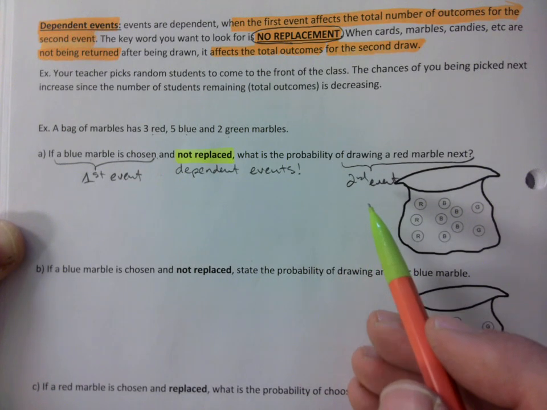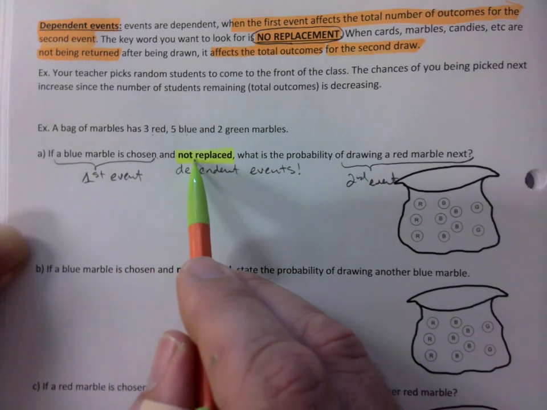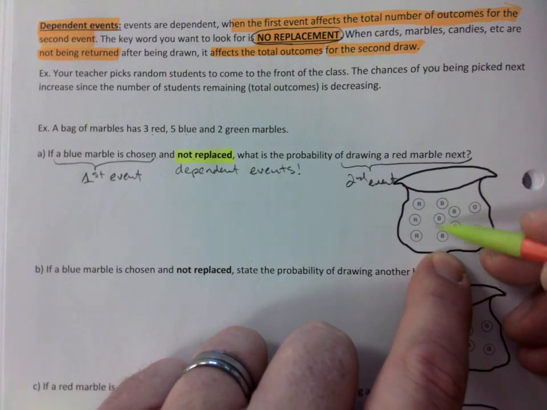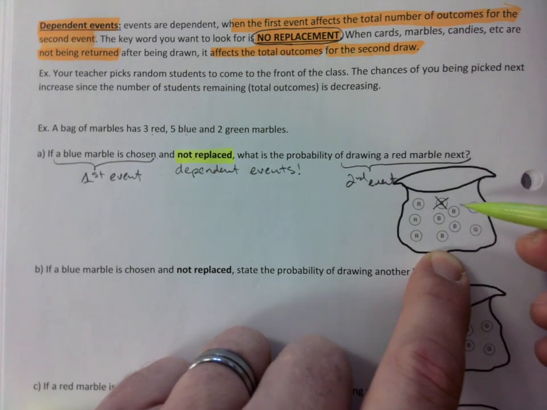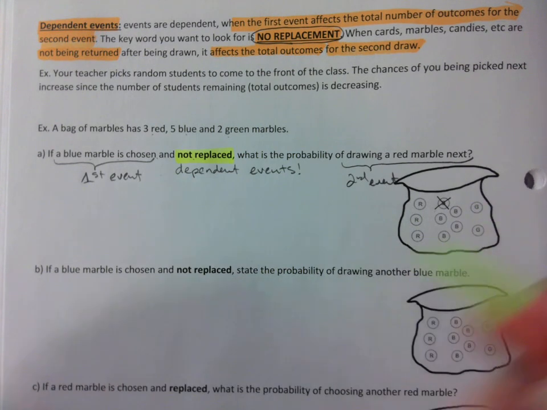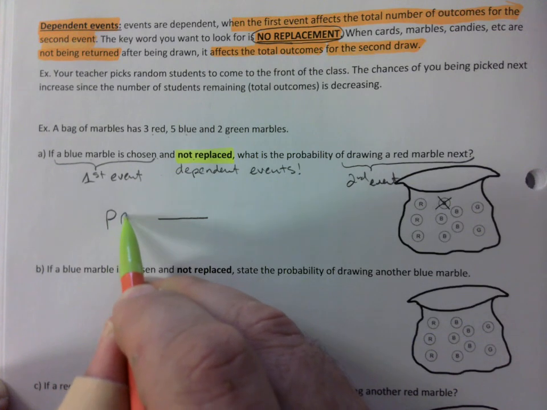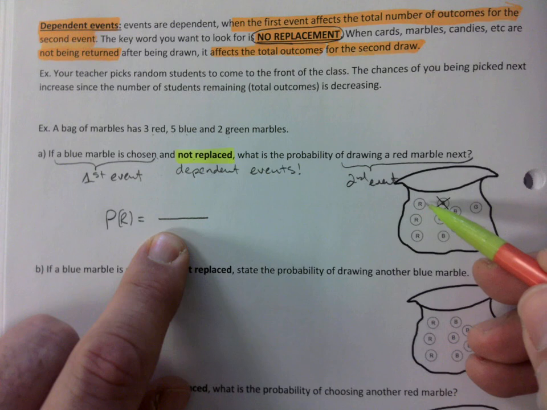Okay? So if a blue marble is chosen first and not replaced, we can go to our bag here and go to the blues. The blues are right here. Let's get rid of one. Okay? We're removing it. So therefore, the probability of drawing a red one is going to be, how many reds are there? 3, right?